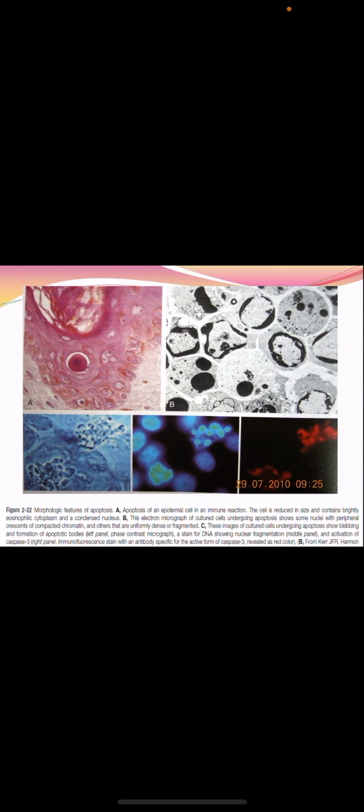The second picture is an electron microscopy picture. Cells are cultured and during apoptosis some cells are showing a crescentic deposit at the periphery due to compact chromatin. In the third, you can see apoptosis showing bleb formation and an apoptotic body. And these are the immunofluorescent photos.